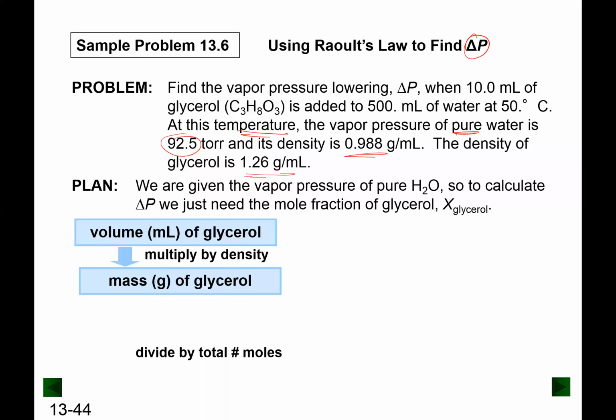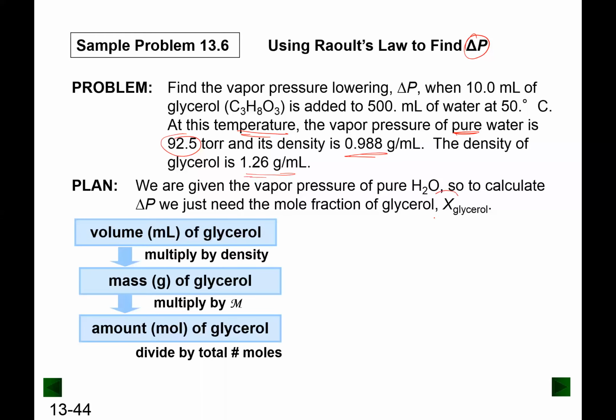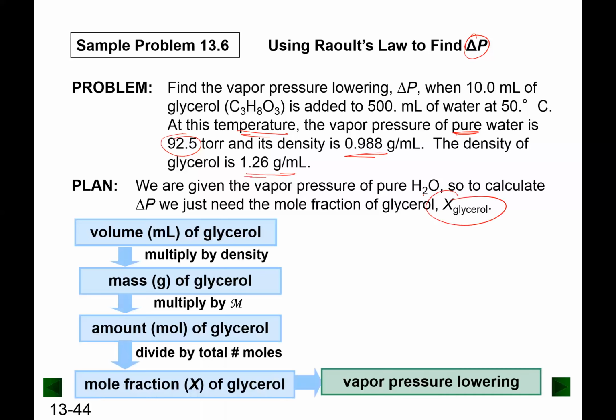To solve this problem, we need to calculate the mole fraction of glycerol, because that is the mole fraction of our solute. Remember, the change in vapor pressure of the solvent is the mole fraction of the solute, which is this, times the vapor pressure of the pure solvent, which is water.